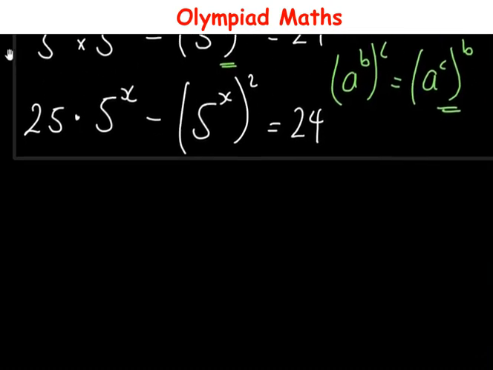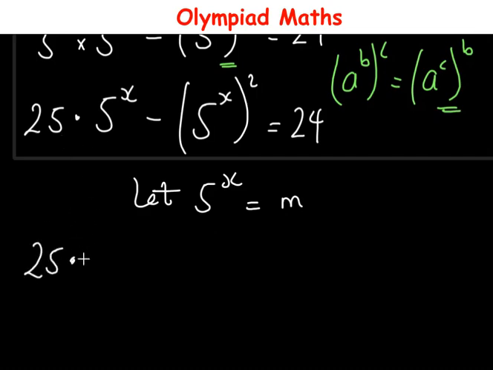So at this junction, we are going to say let 5 raised to power x equal m, such that in place of 5 raised to power x, we bring in m. So this becomes 25 times m, then minus in brackets m all raised to power 2 equals 24.